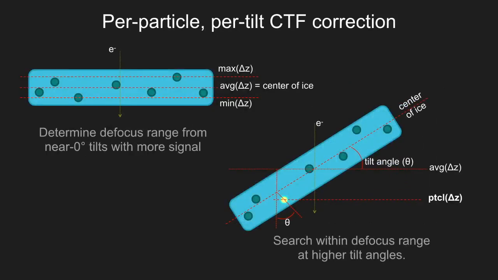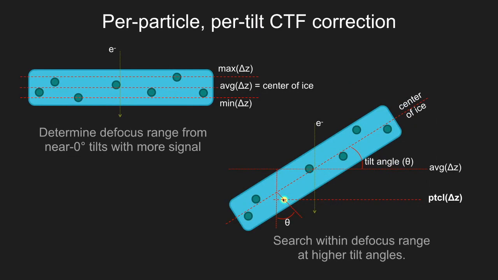The other key aspect here is this per particle per tilt CTF correction. So we have an automatic CTF determination algorithm which works on tilted images, and basically what it outputs is the mean defocus at the center of an individual tilt image. So it'll tell you what the defocus is here.